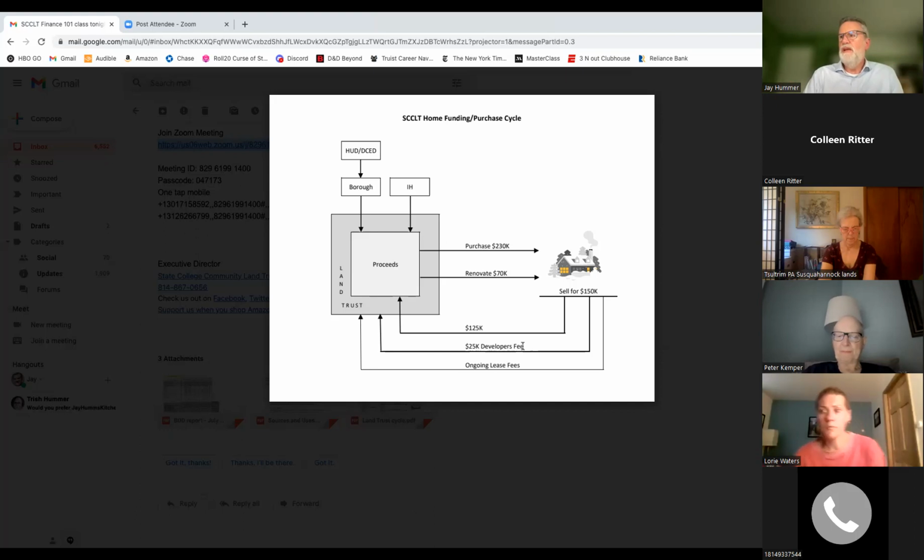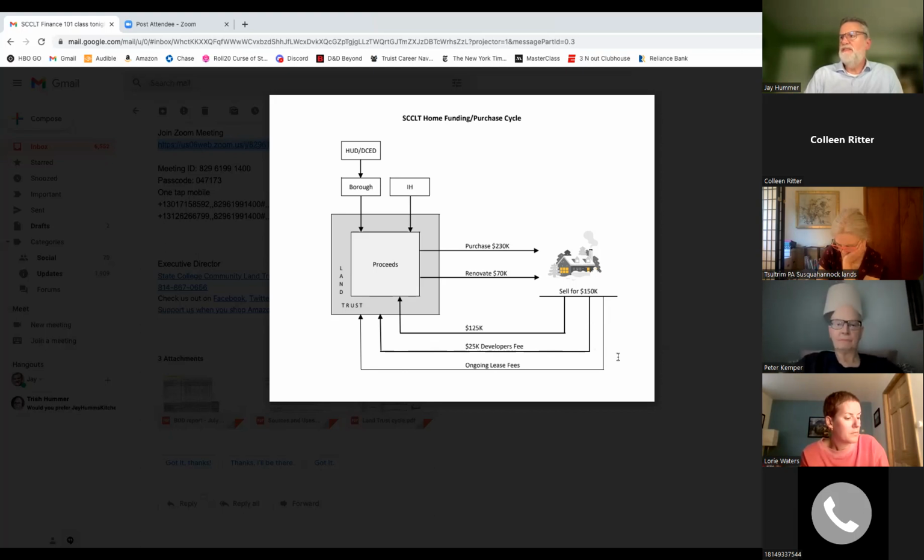That $25,000 goes into our general, overall bucket of money that we can use for operating expenses. So that's what a developer fee is. It's for our overhead. It's what we can peel off of a project.